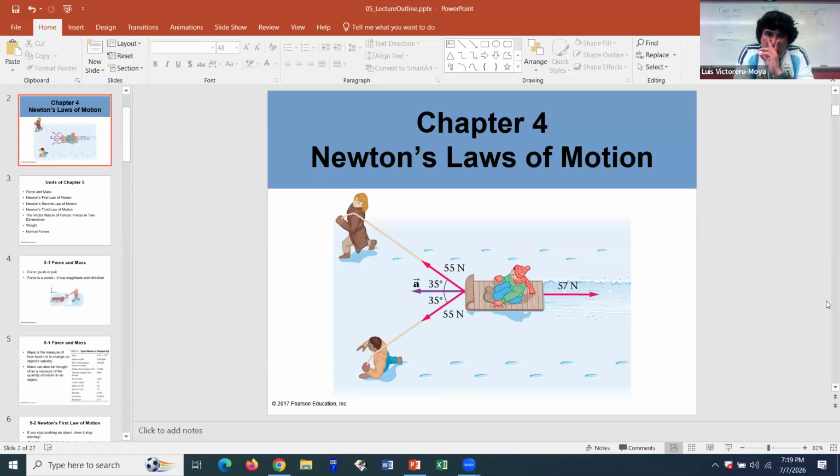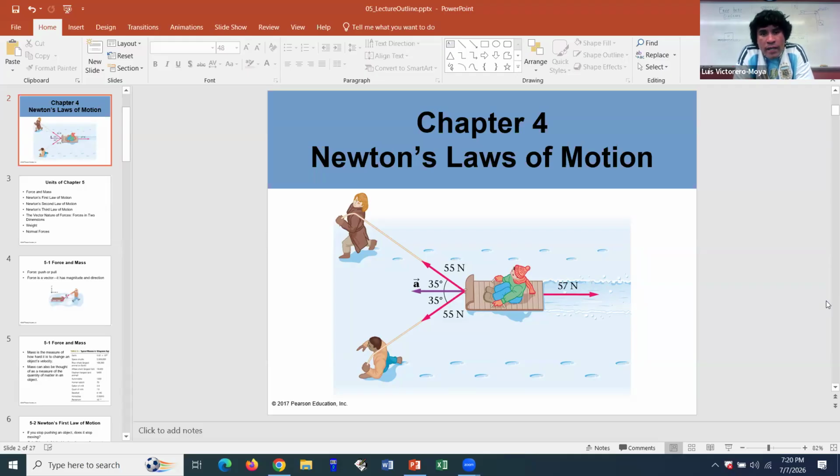Now, why is the body moving towards the left and not up or down? Well, take a look at the magnitude of the forces. Both are 55, and both are at the same angle with the horizontal. So if you break, and that's going to be important, right? We're going to be using vectors, so we still have to use our vector components, sine and cosine.